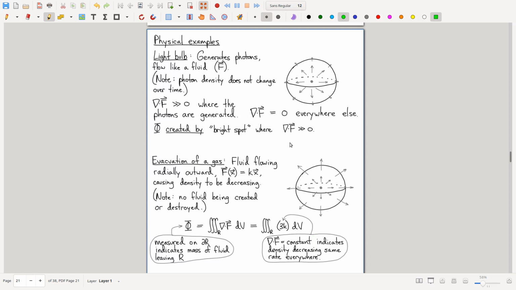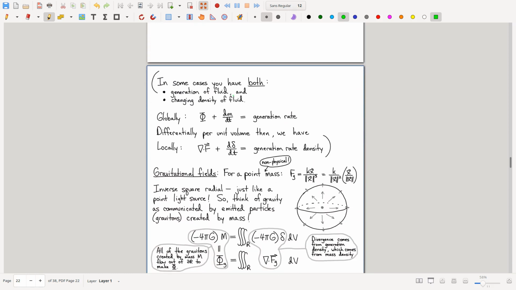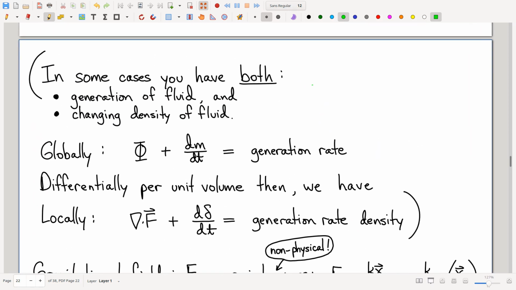And just as a quick FYI, there are some kinds of fluid where you could do both, where you could have fluid simultaneously being generated or destroyed, and also where the density might not be constant.